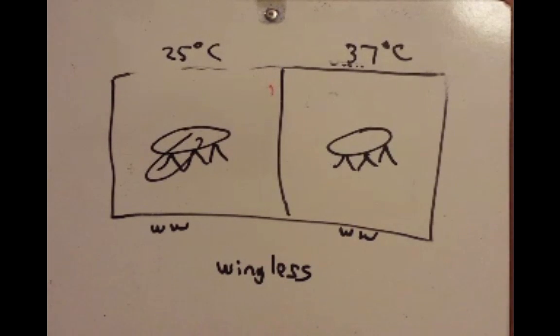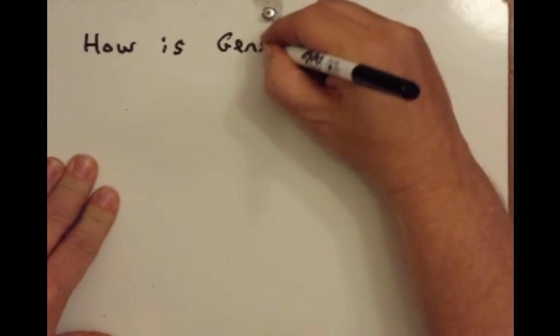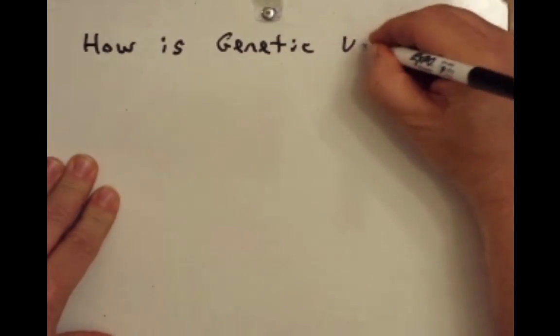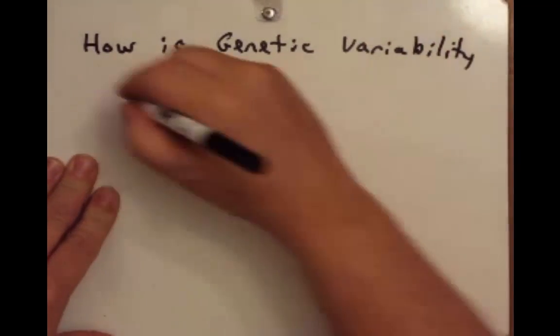We see all kinds of examples of this throughout the diversity of life where the genotypic and the phenotypic variation don't match. So a question may arise as to how is genetic variability increased.